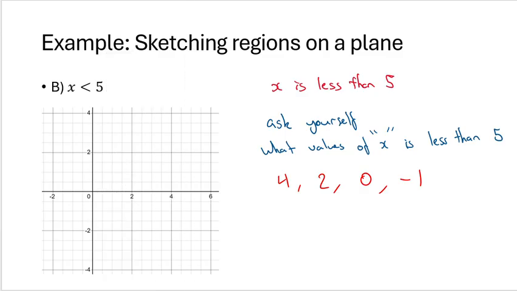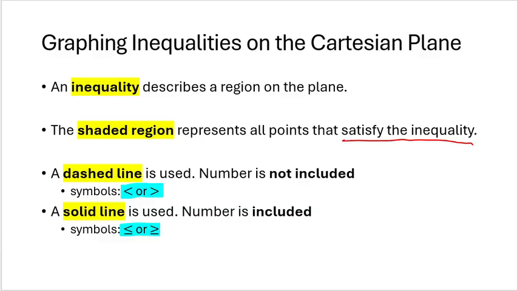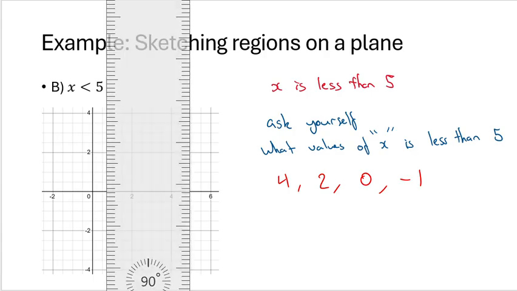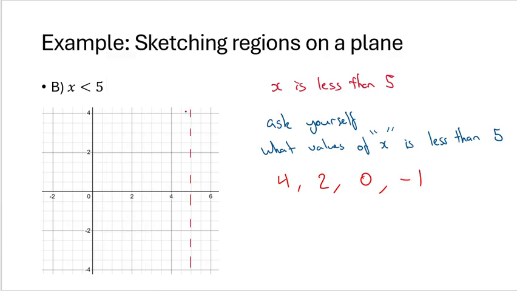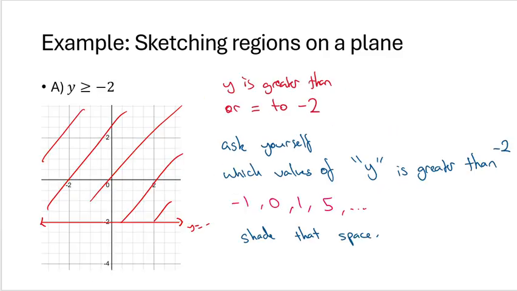And then just remember, what kind of line do I draw? Because the inequality doesn't have the line underneath it, I am just going to draw a dash line. I'll label this as x equals 5. I'll label this as y equals -2.